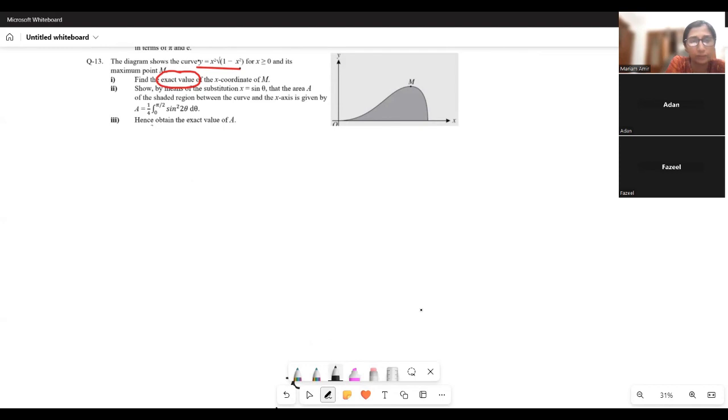x. First, let's write it without substitution. We have to integrate this curve, which is x square root of 1 minus x square, to find its area, dx.